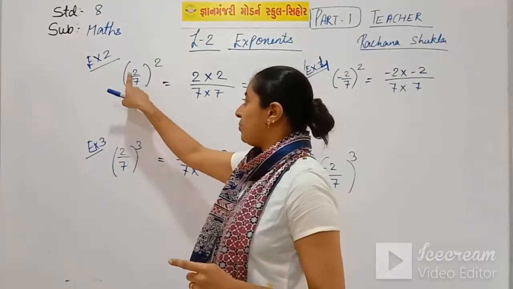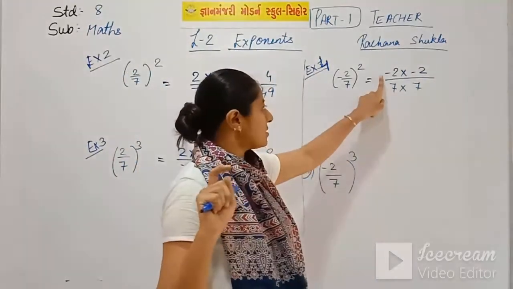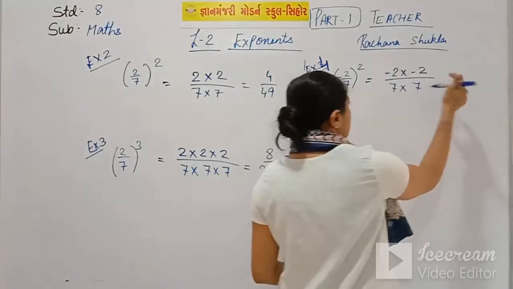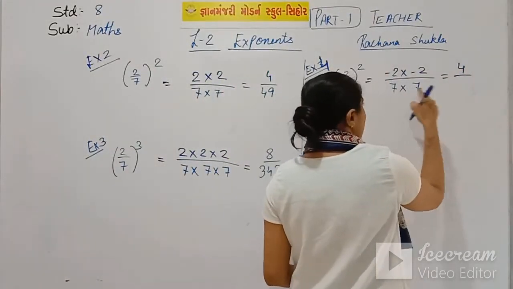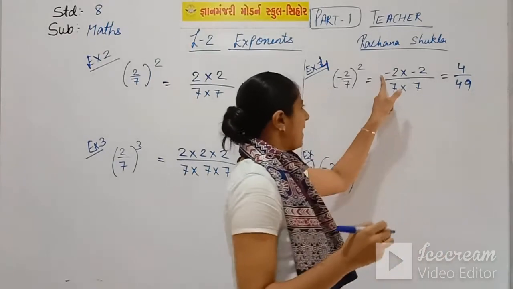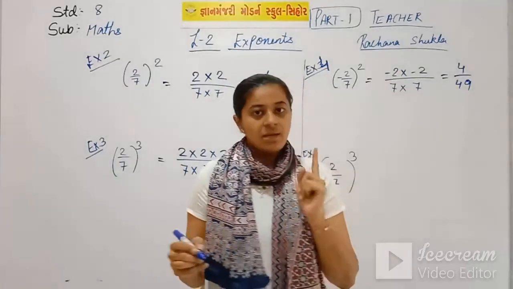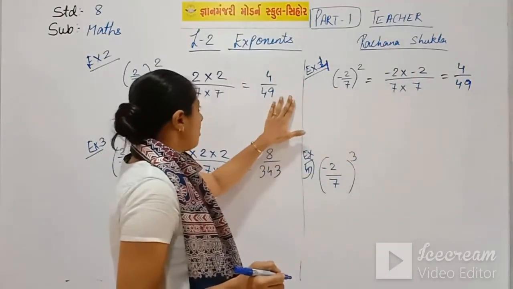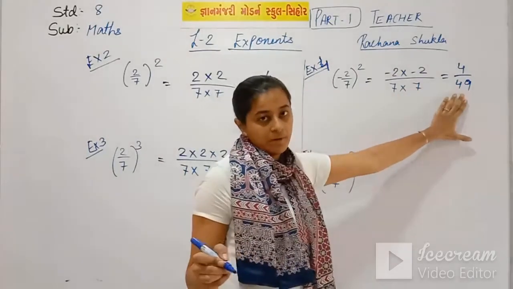Minus 2 into minus 2. 2 2s are 4, 7 7s are 49. Minus minus plus. Remember, minus minus plus. Same answer, 4 upon 49.